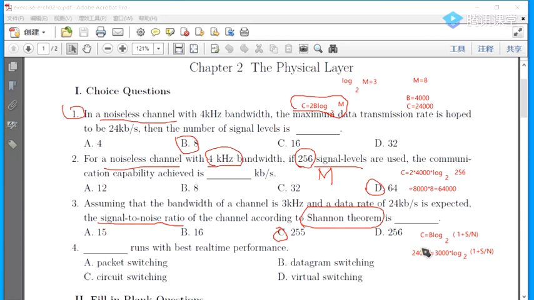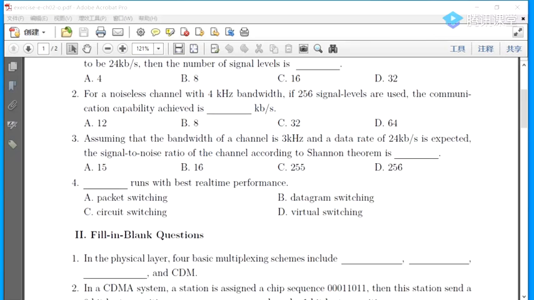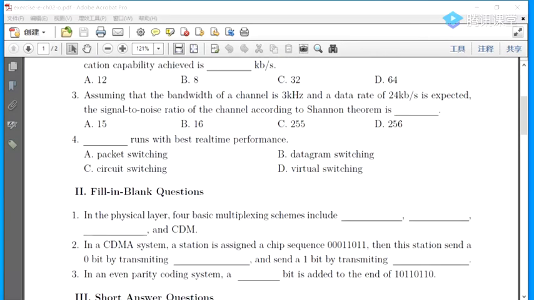We should remember the equation of the Shannon theorem: capital C equals B times log 2 of 1 plus S over N. S over N is the signal to noise ratio of the channel. Okay, this is question 3.